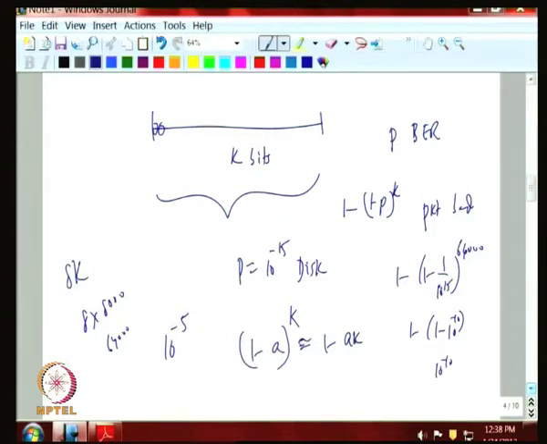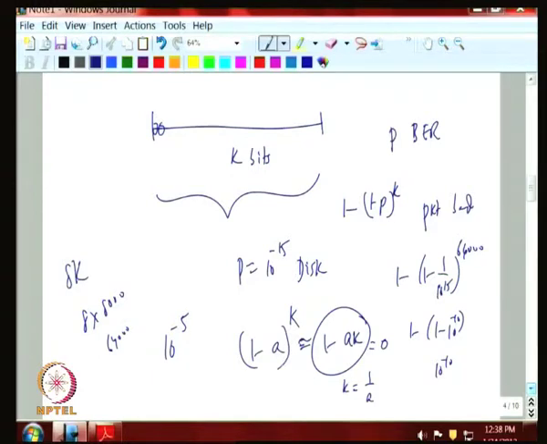That means if I send an 8K packet, what will happen? You use the same formula again, and again we'll take the approximation 1 minus kp. The probability of a good packet will be almost 0 when k is equal to 1 by p.